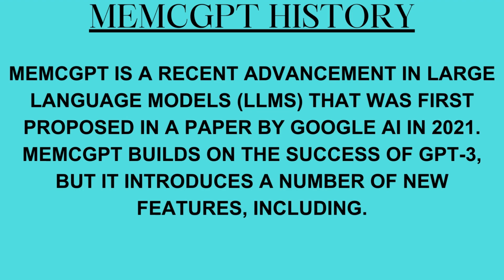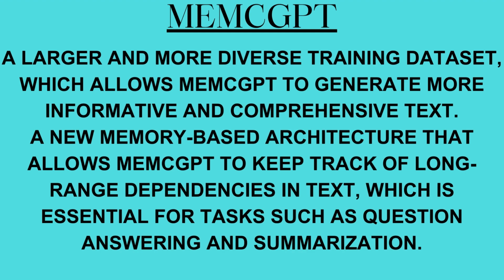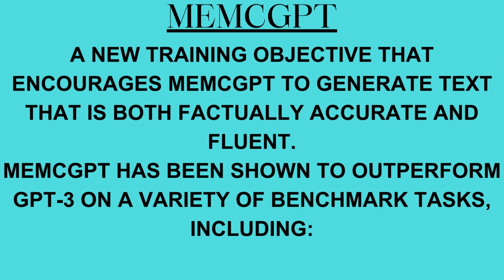MEMCGPT builds on the success of GPT-3, but it introduces a number of new features, including a larger and more diverse training dataset, which allows MEMCGPT to generate more informative and comprehensive text; a new memory-based architecture that allows MEMCGPT to keep track of long-range dependencies in text, which is essential for tasks such as question answering and summarization; and a new training objective that encourages MEMCGPT to generate text that is both factually accurate and fluent.